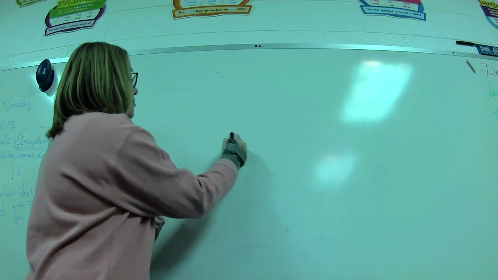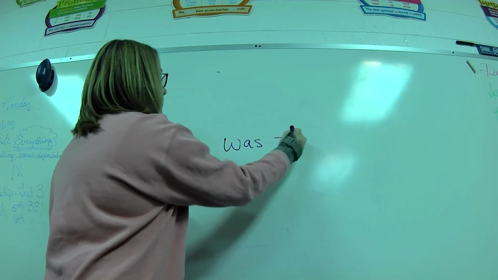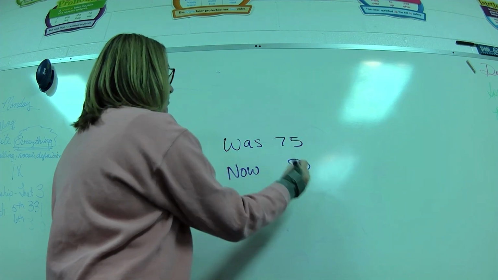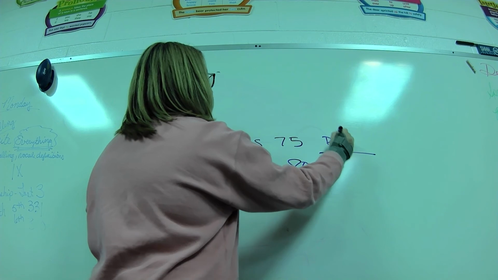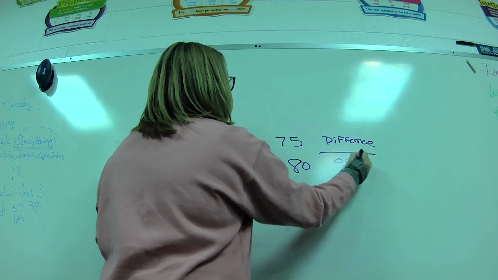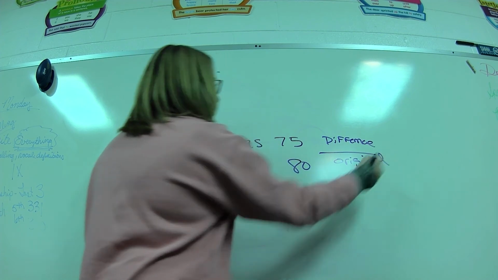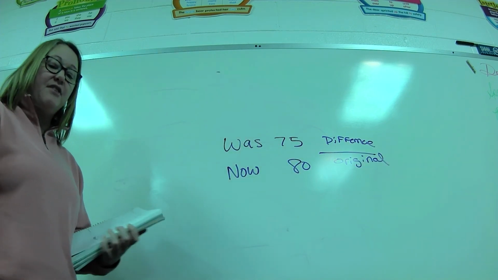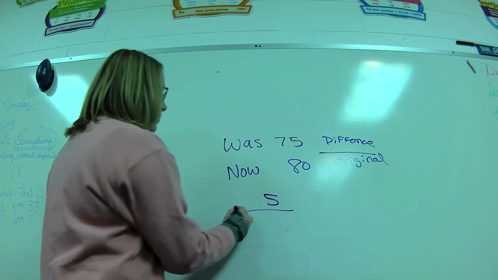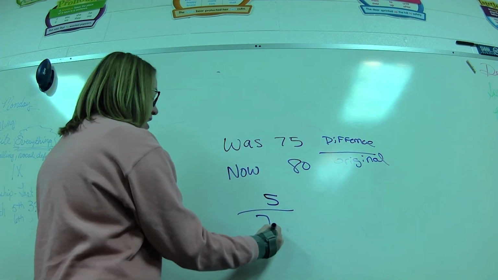All right, something was $75. Remember now, it is 80. Remember, we put the difference over the original. All right, so what is the difference of 75 and 80? 5. What was the original? 75.